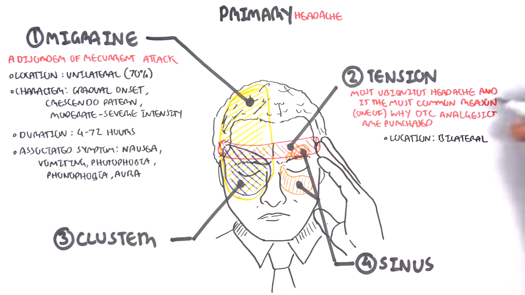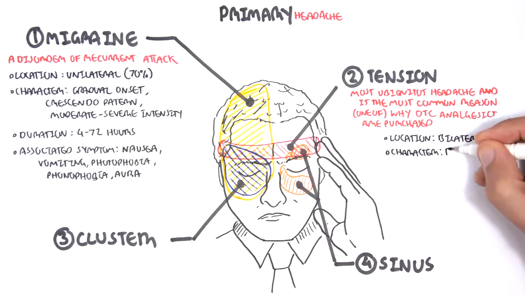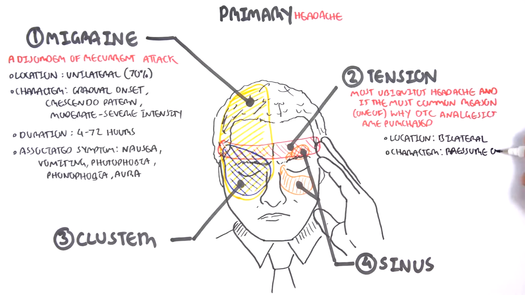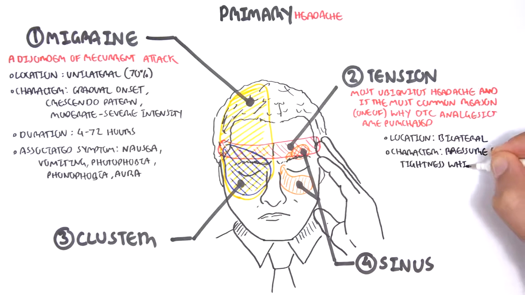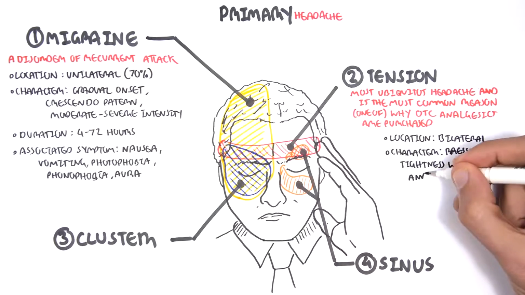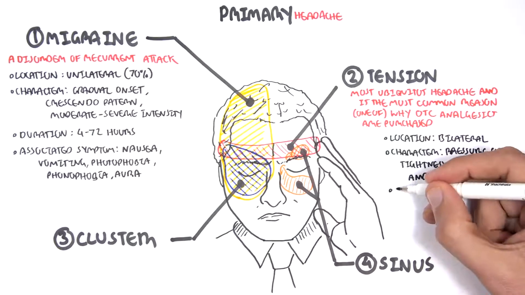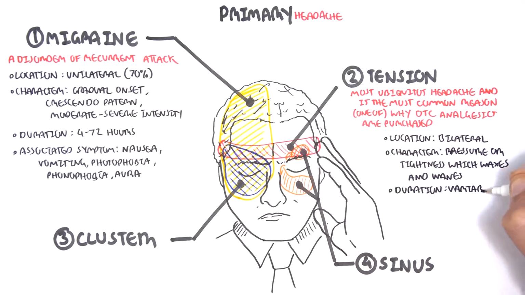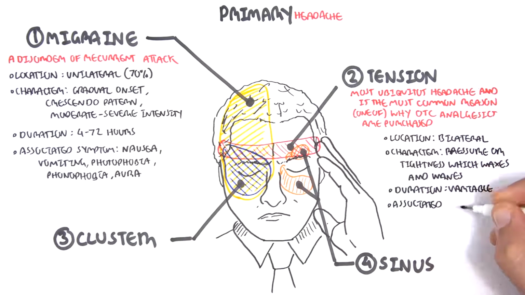The location of tension headaches is usually bilateral and around the forehead area. The characteristic is pressure or tightness, like a band, which waxes and wanes. The duration is variable, and associated symptoms, usually none.